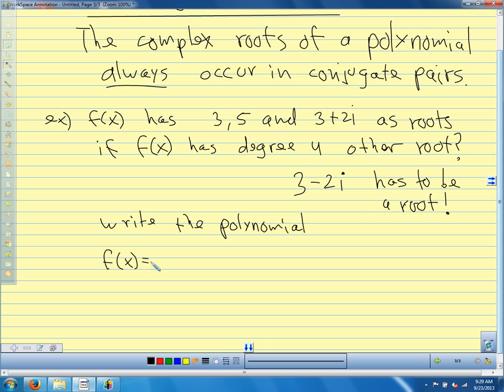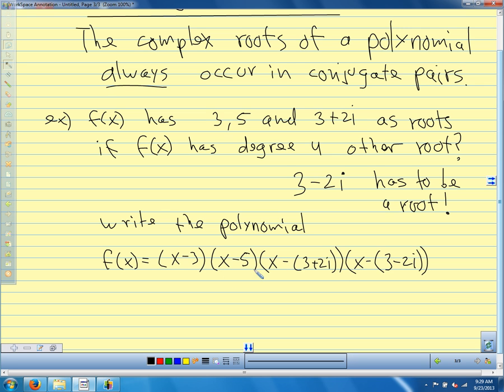What can we do here? x minus, just set up our parentheses, x minus 3. x minus 5. x minus 3 plus 2i. x minus 3 minus 2i. There's our fourth degree polynomial.